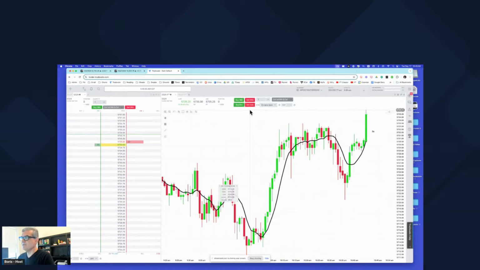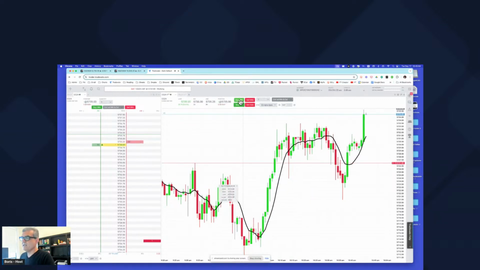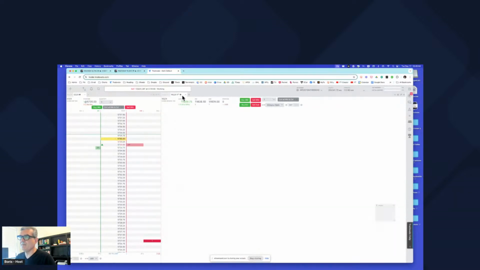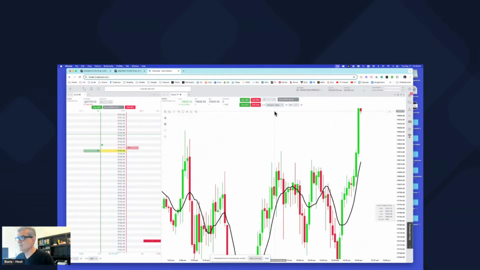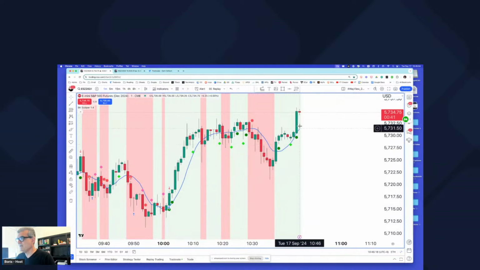Six seconds left. Buy market. We're in market now. Okay, let's see if I can. All right, I'm in market on both red 3-dot trades in NASDAQ and the S&P.